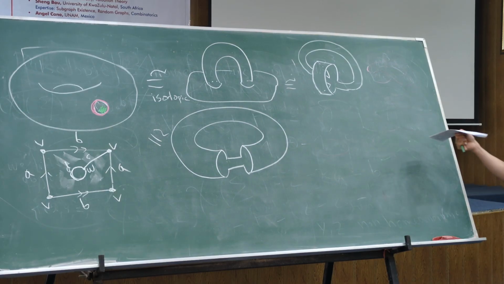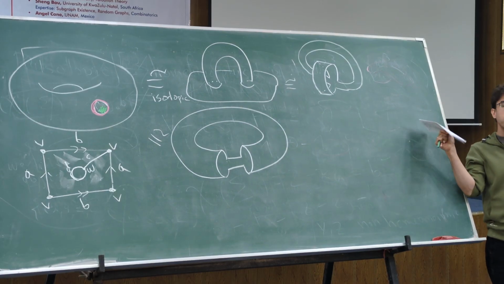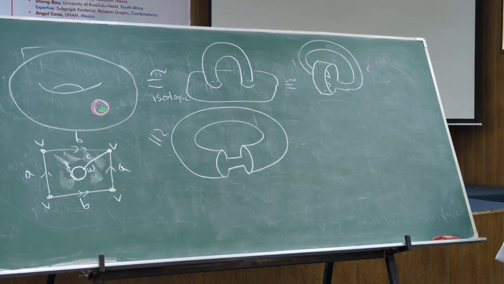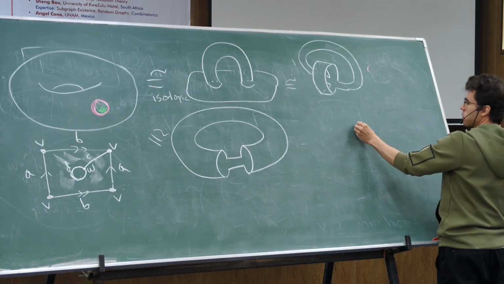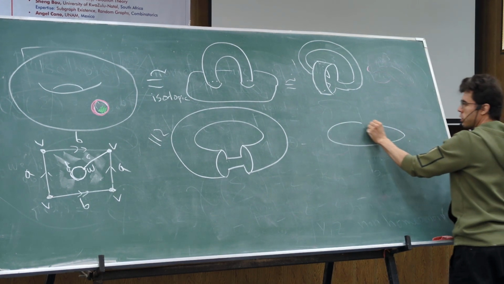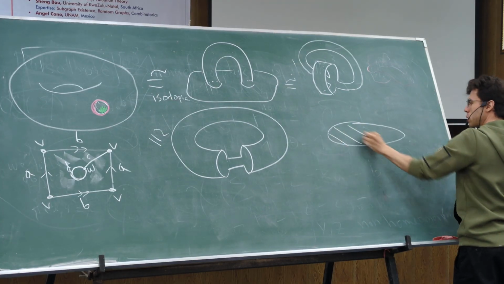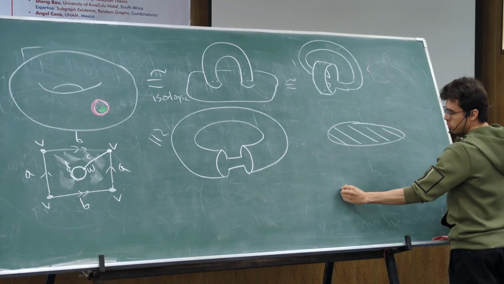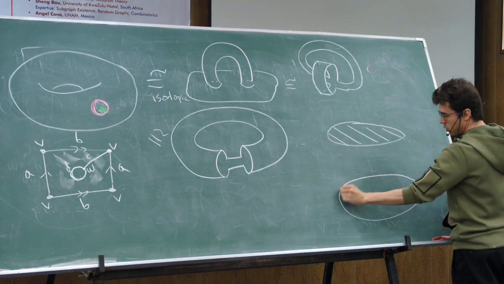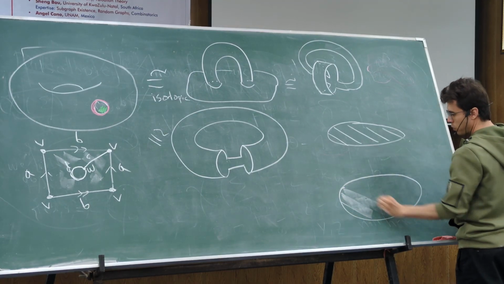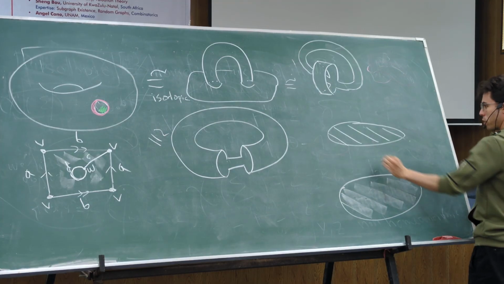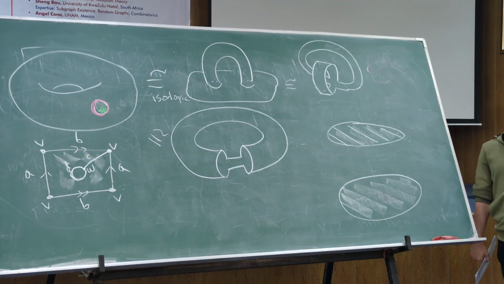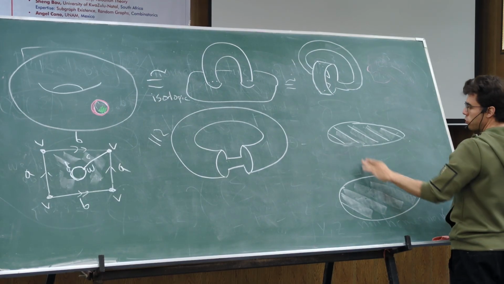I will draw another one, which is the same. It's homeomorphic, but not isotopic. So this space is made like I take one disk, I take a second disk, and then I glue the two disks by using three disks.